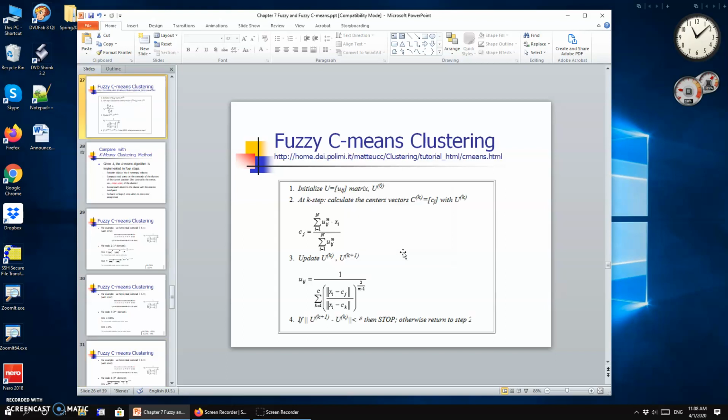If we want to look into the pseudocode of fuzzy C-means clustering, you will see a lot of similarities to K-means clustering. Starting with the first step, you need to initiate a membership function matrix. Depending on how much data you have, as well as how many clusters you have, you need to decide your membership matrix.